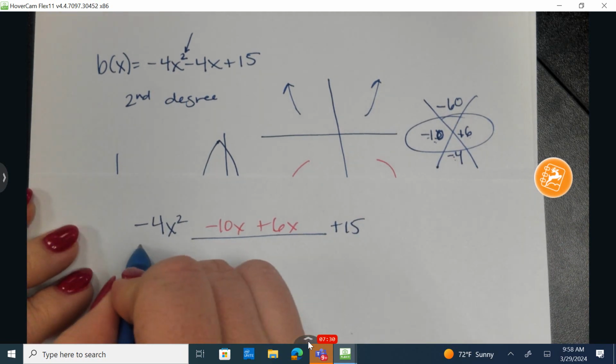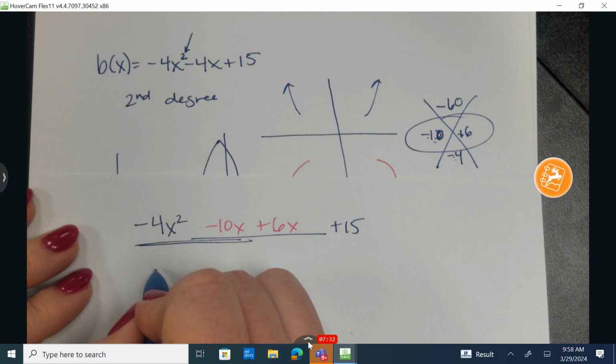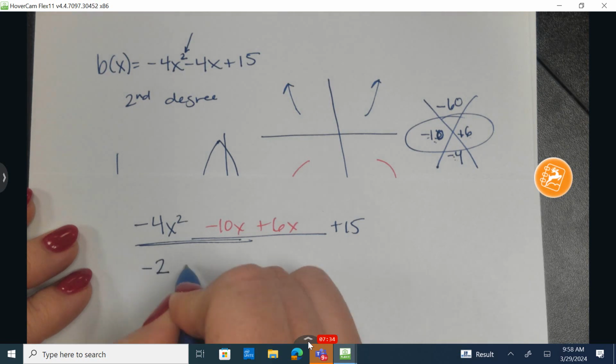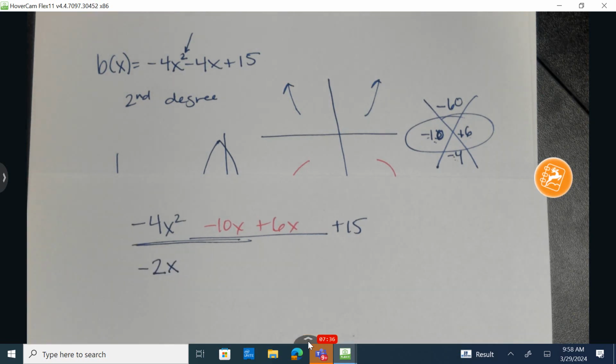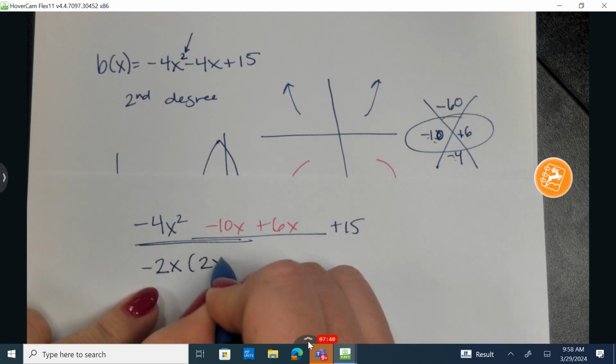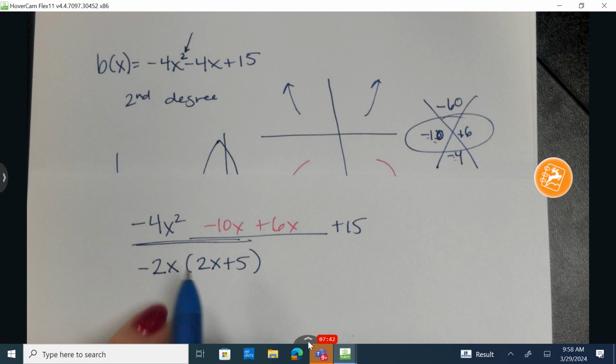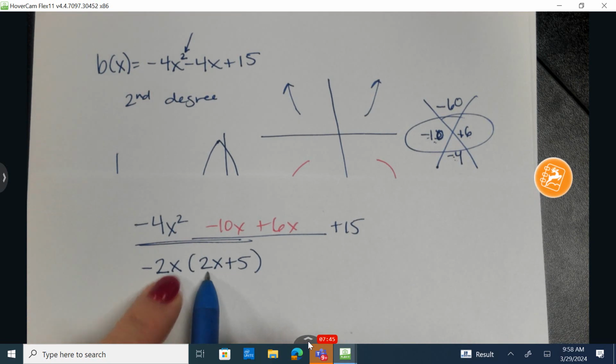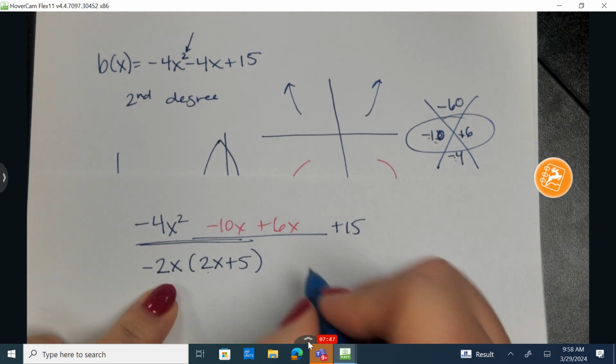And now I'm going to use factoring by grouping. What can I factor out? I can factor out a negative 2x, that works, negative 2x, and I'd be left with 2x plus 5. I want to make sure I did this right. There's negative 4x squared and negative 10x. Okay, good.